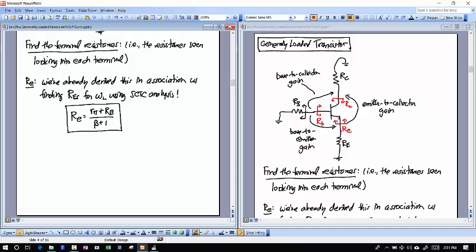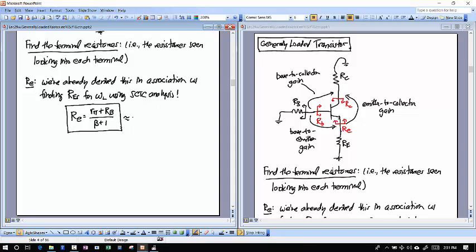Okay? That's going to be something that you should think about. When you look up into the emitter of a transistor that's generally loaded with RC and RB, what you should see is R pi plus RB divided by beta plus 1. Okay? Now, what's R pi over beta plus 1?